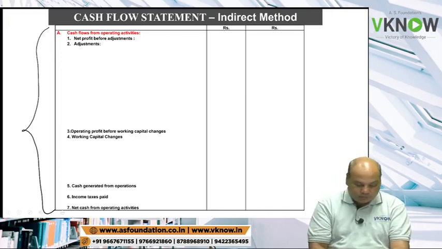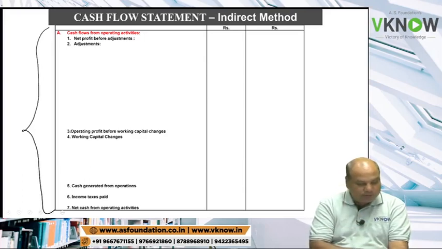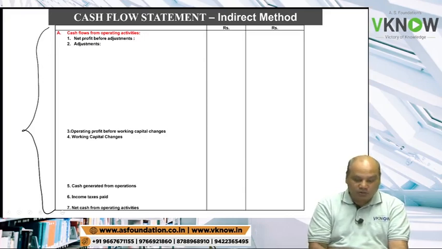One line blank. Working capital changes. Write down 6 lines.